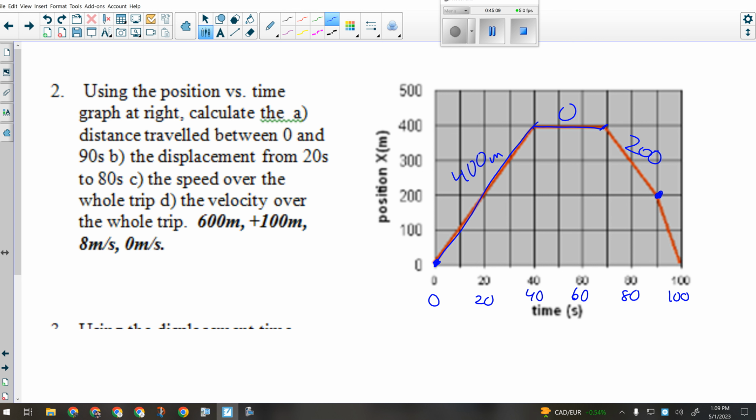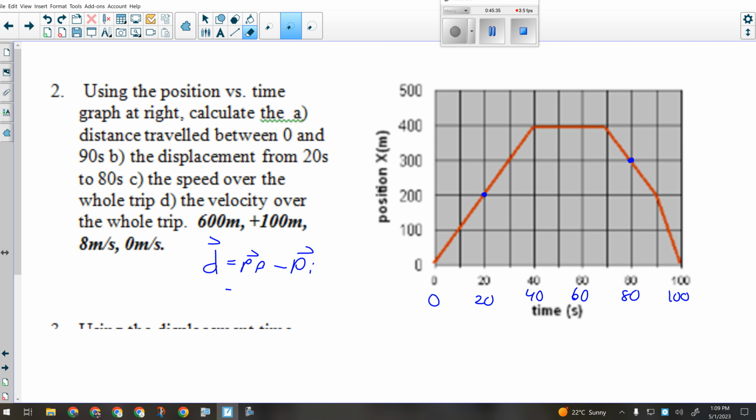The displacement from 20 to 80. I'm just going to erase all that stuff that I just drew on there. Now my initial position is here at a time of 20 seconds, and my final position is here at a time of 80 seconds. If I want to find displacement, that's final position minus initial position.